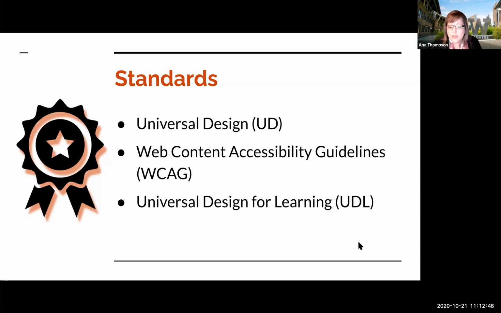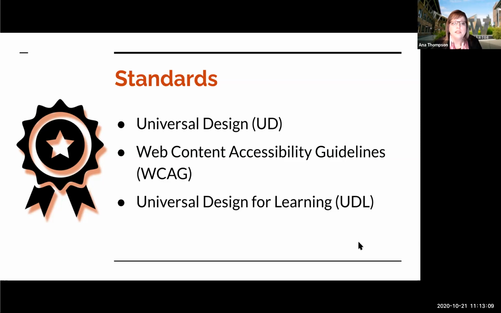So I'm going to refer to some commonly used standards. There are many out there that have to do with accessibility and inclusive teaching, but I'm going to specifically refer to universal design, UD, that was established in the 1970s by Ron Mace, and it had to do at that time specifically with architectural access, so physical spaces access.